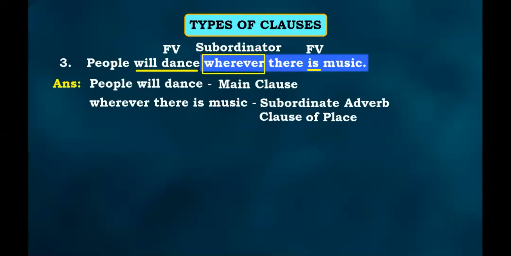Okay, guys. Now, before going on to the next one, let me explain this to you. We have seen an example of main clause. Then we have seen an example of a subordinate adjective clause. Now, when it comes to adverb clauses, we have 9 types of adverb clauses.